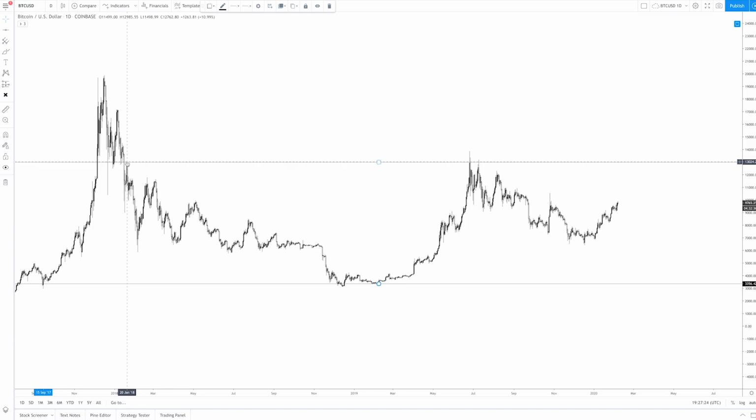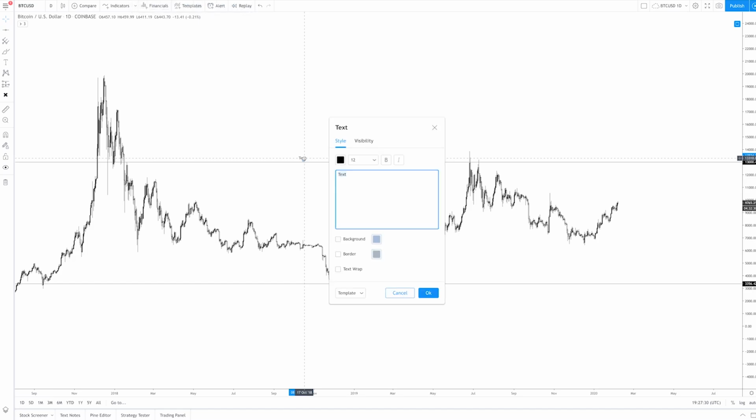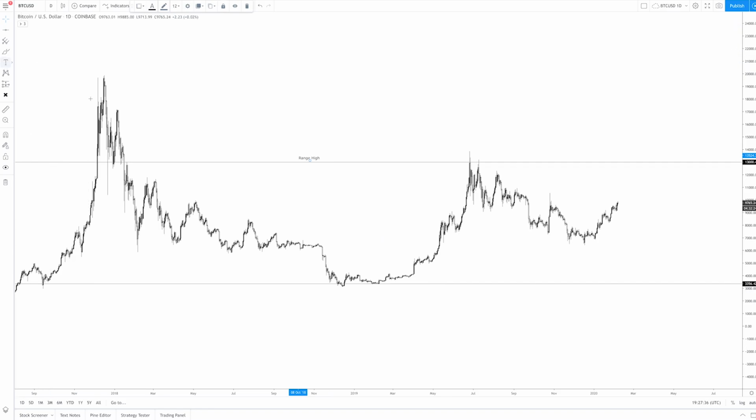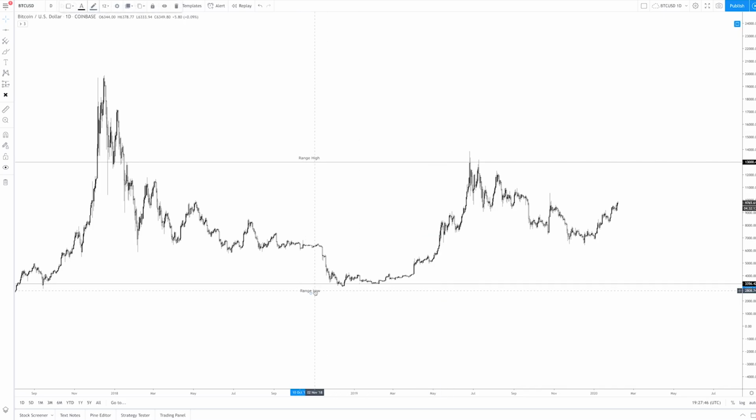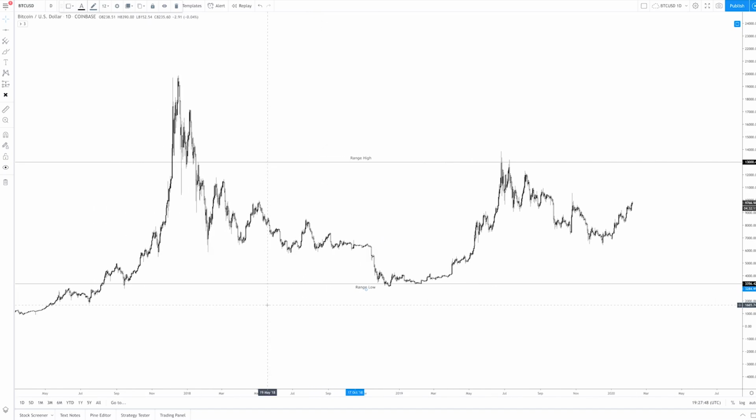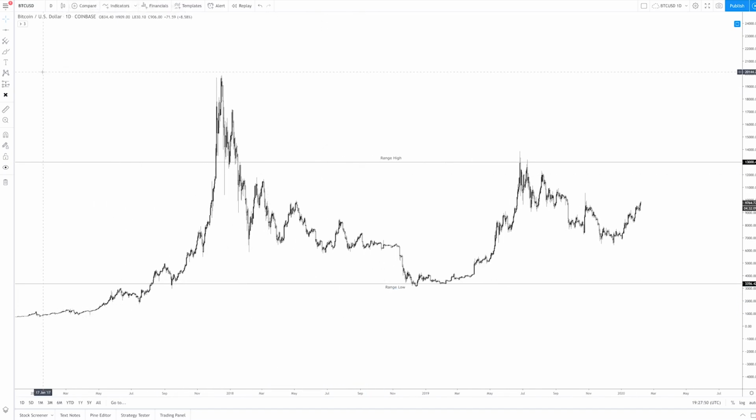This point, the range high, which we can mark out, and the range low is an example of a high time frame range.